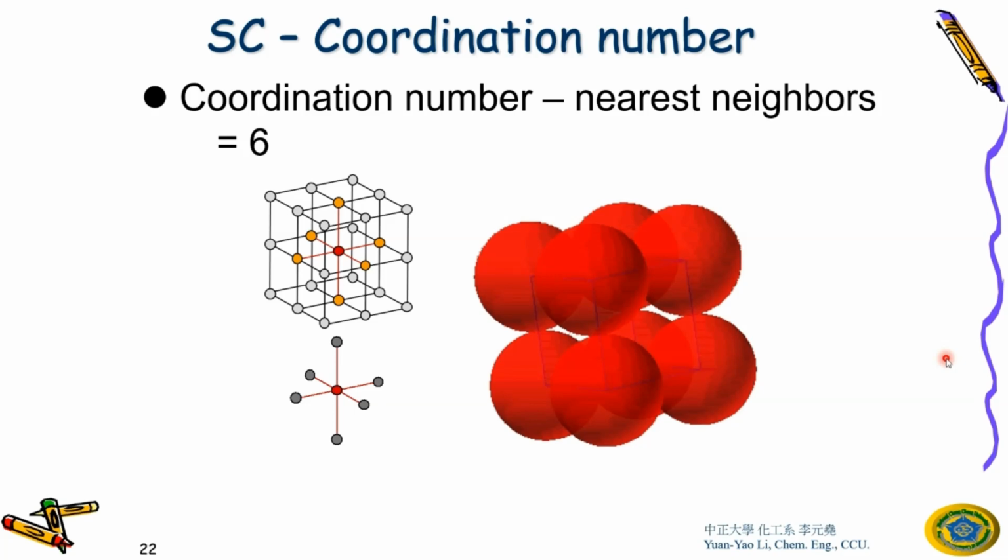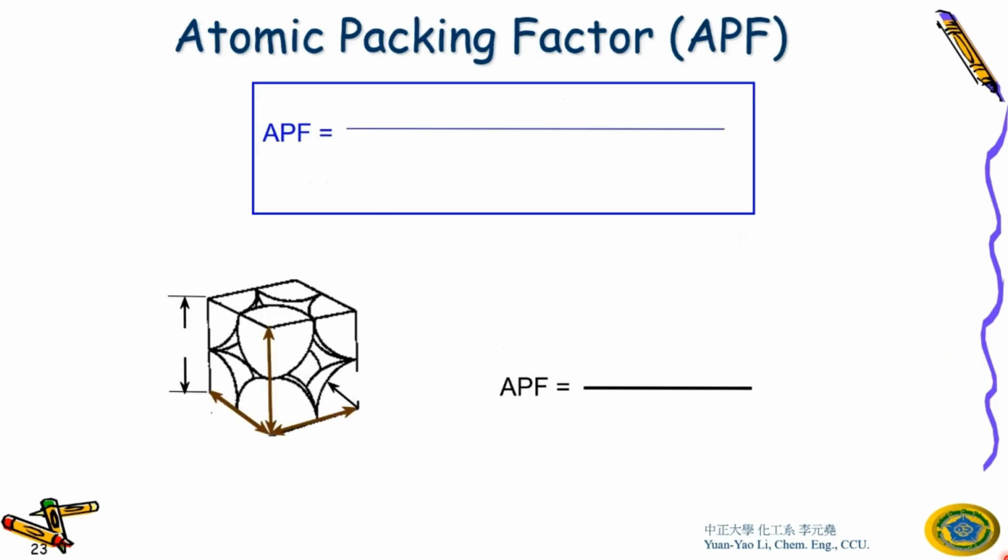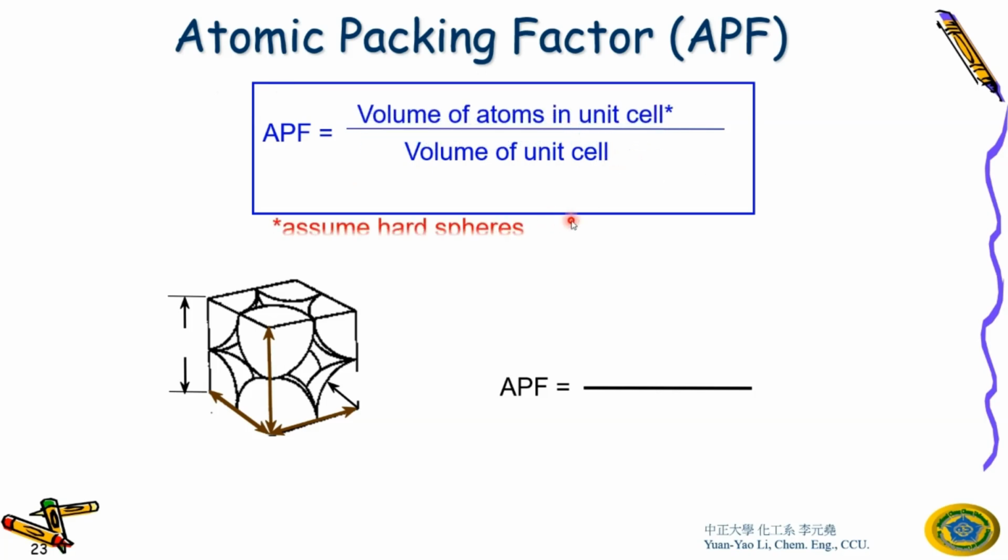Okay, please remember this. This will be in your final exam. The second term we want to understand is called atomic packing factor, APF. What is atomic packing factor? The definition of atomic packing factor is the volume of the atoms in the unit cell divided by the volume of the unit cell.